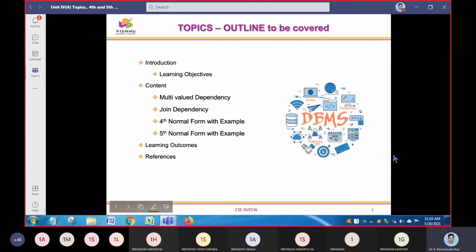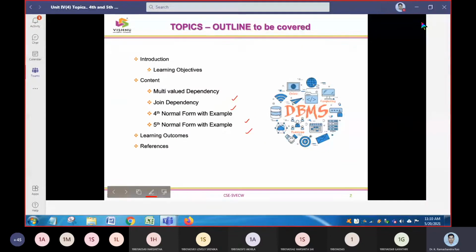So before we dig deep towards fourth and fifth normal form, we should know the content regarding multi-valued dependencies, join dependencies, fourth normal form and fifth normal form. That was the prime focus.